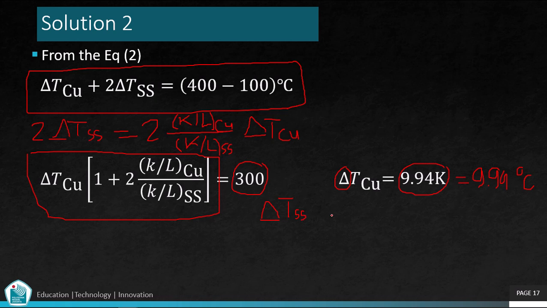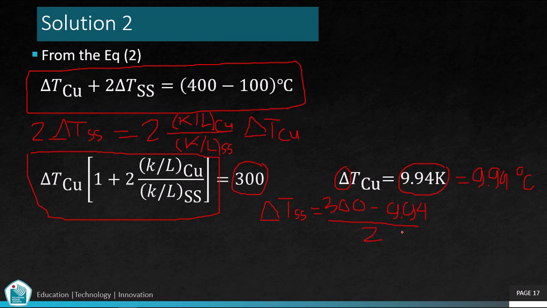So how to calculate? We have this relation for delta TSS. This one is already equal to 300, and it should be minus the value of delta TCu, so minus 9.94, and since we have 2, it should be divided by 2.